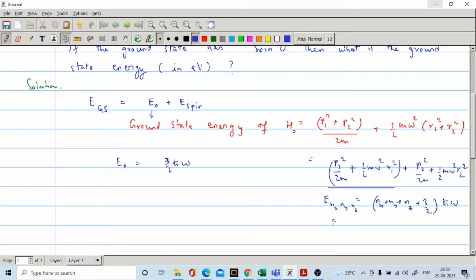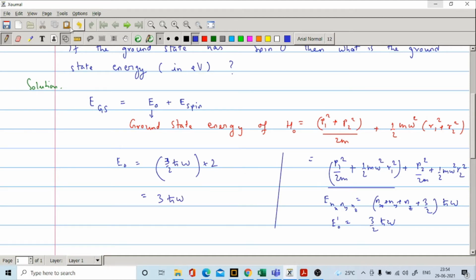And the ground state E naught for this particular particle, let's say E naught 1, will be when nx equals ny equals nz equals 0, and that will be 3 by 2 h bar omega. So here the ground state energy for this particular system will be two times that, as there are two particles, and for each particle it is 3 by 2 h bar omega. So this is nothing but 3 h bar omega.